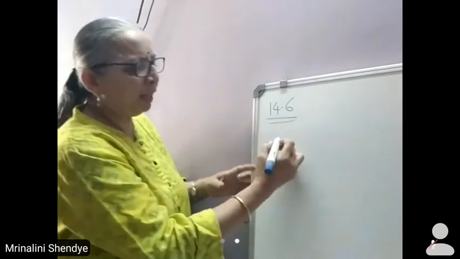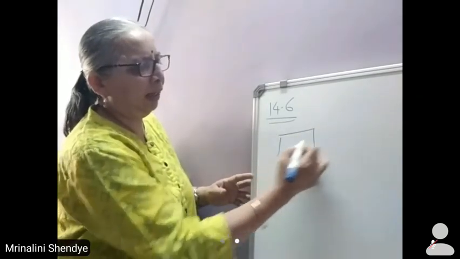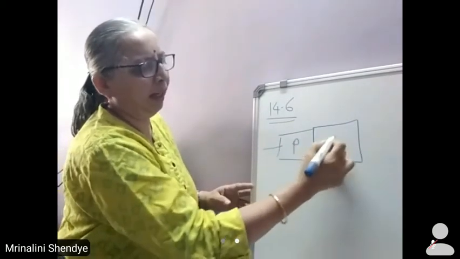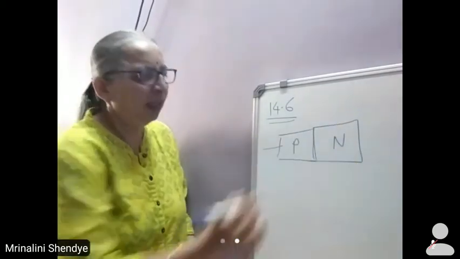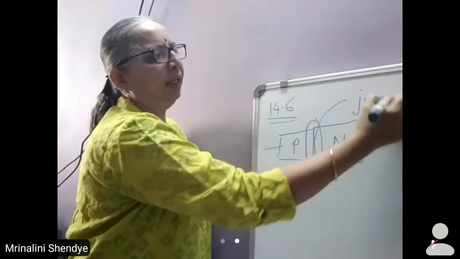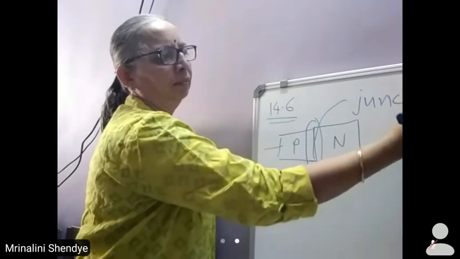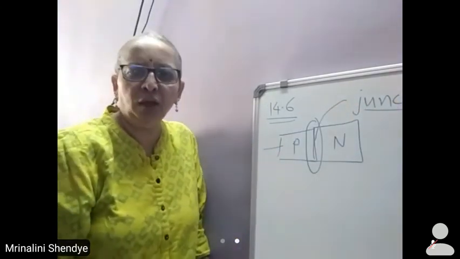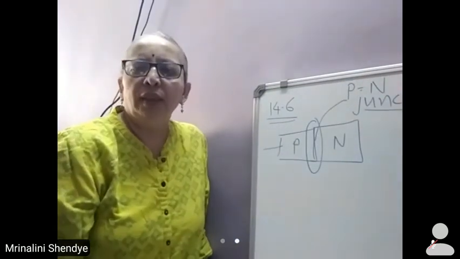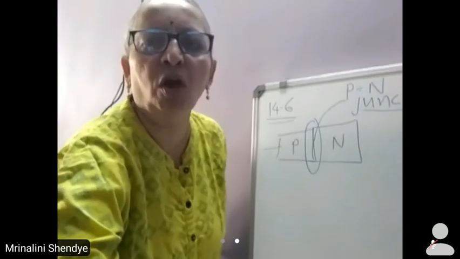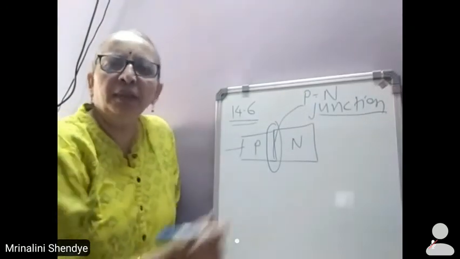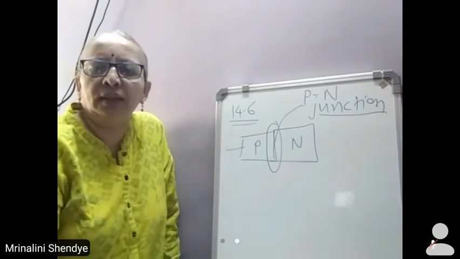Suppose p-type is connected with n-type or joined with n-type. Then in the contact region, the junction is created. And this junction we call as PN junction. Immediately after the formation of this junction, what happens?